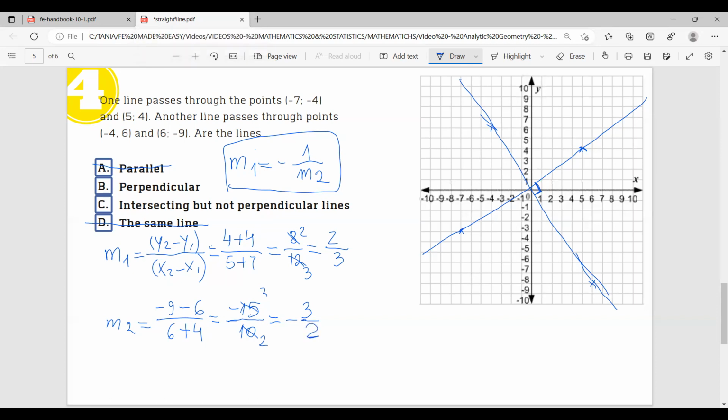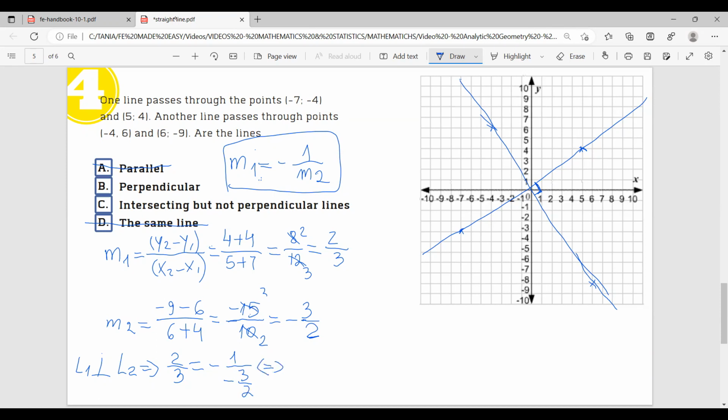So now let's see if m1 equals -1/m2. In order for L1 to be perpendicular to L2, we should have this condition. The slope m1 has to be equal to the negative inverse of slope m2. So we have -3/2 here.